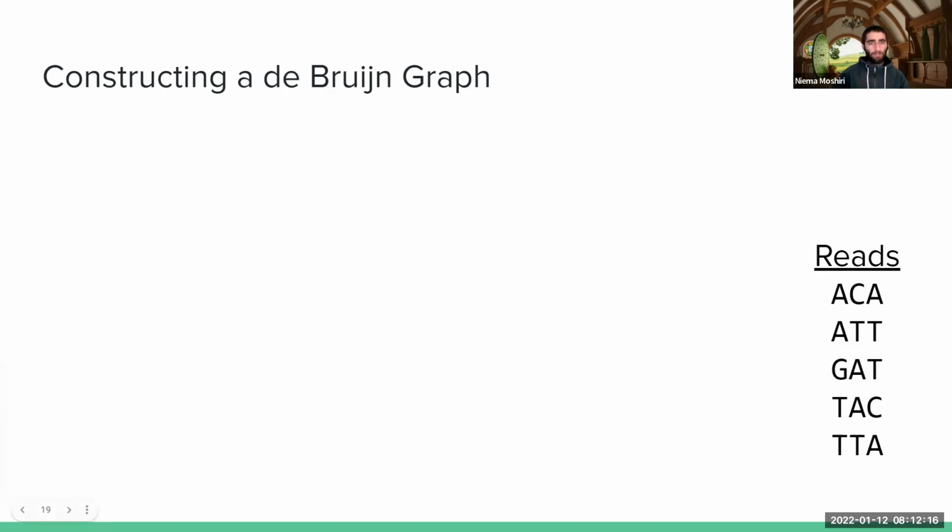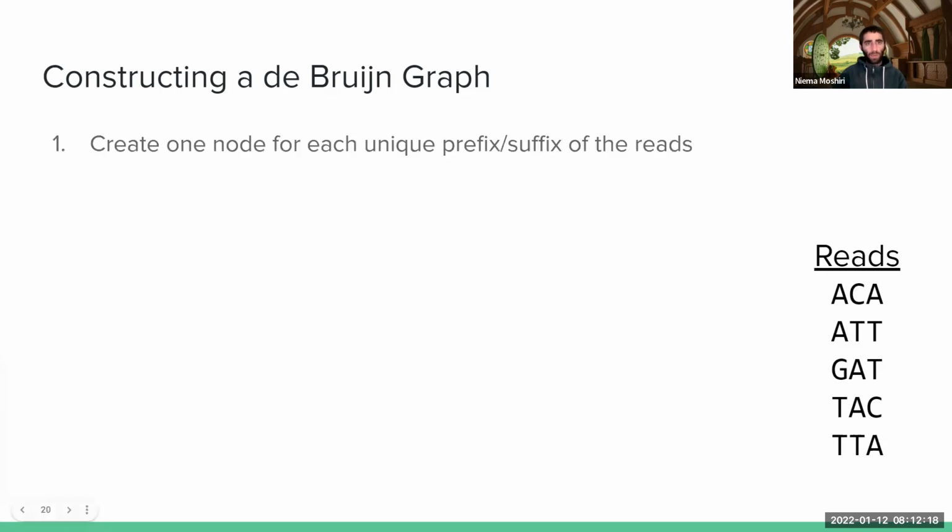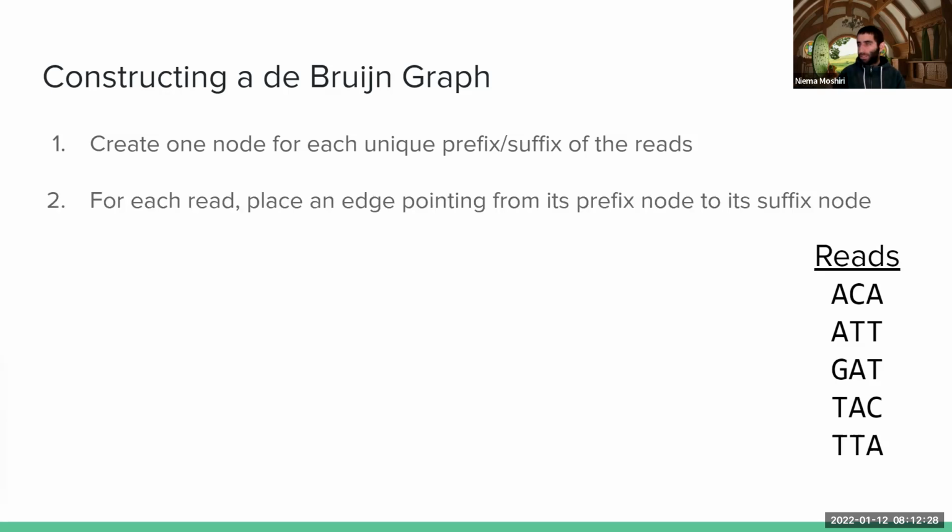So for a De Bruijn graph, first we create one node for each unique prefix and each unique suffix of the reads. Then for each of our reads, and a read is just one of these fragments, we place an edge pointing from the prefix node to the suffix node. I'm going to show you how that looks with this example.